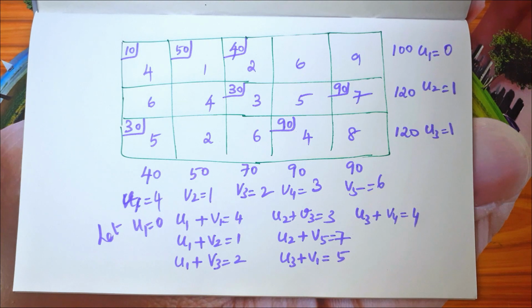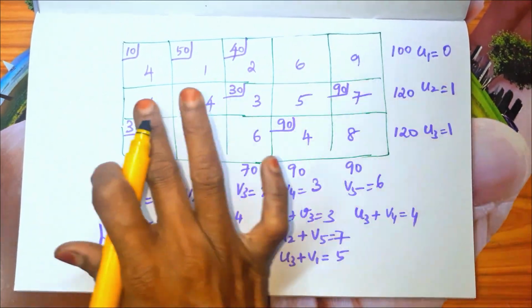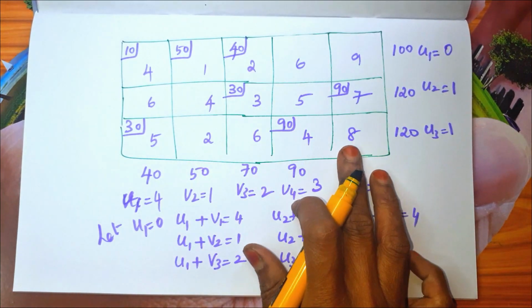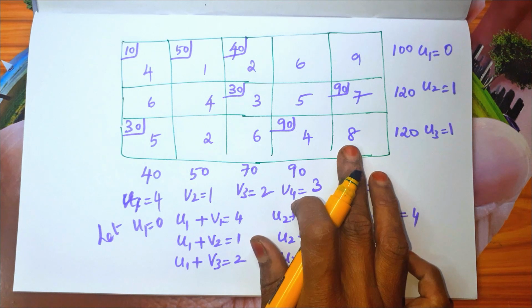Similarly, I got the vj values. What next? We have to find the dij values for all unoccupied cells. So the unoccupied cells are 1, 2, 3, 4, 5, 6, 7. For these cells we have to find the dij values, and make sure all the values are positive.